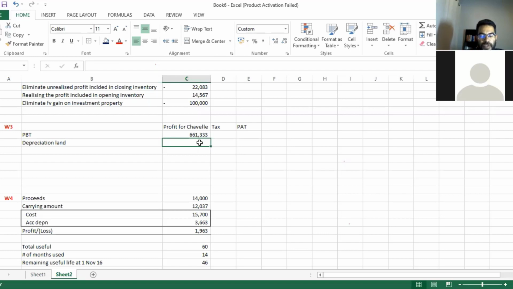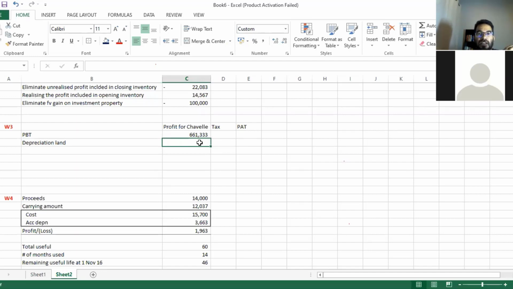So remember, the cost price to Chevelle is the lower amount, the amount that is not revalued. So Chevelle is depreciating based on their original cost. But from a group perspective, the group needs to depreciate based on the fair value amount, because the fair value at acquisition, that is the cost price to the group. So just keep that in mind.